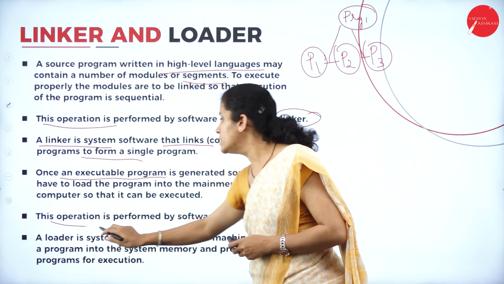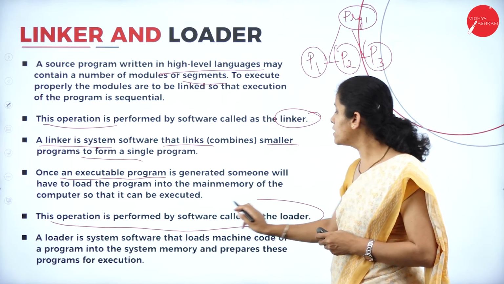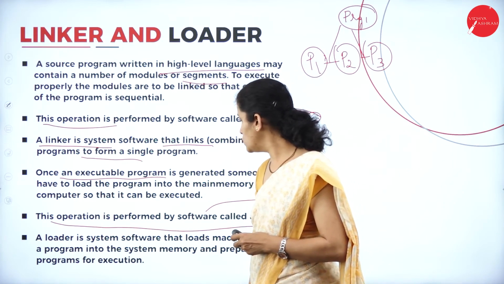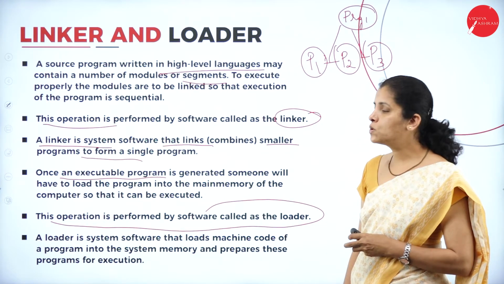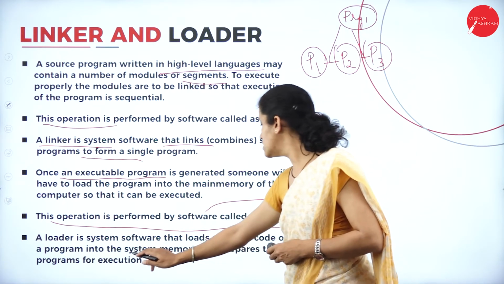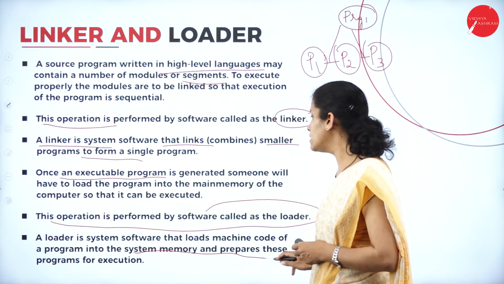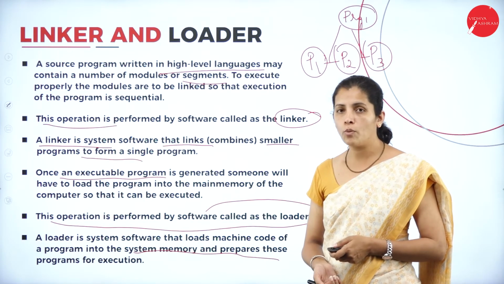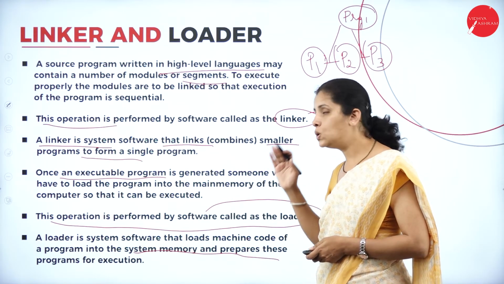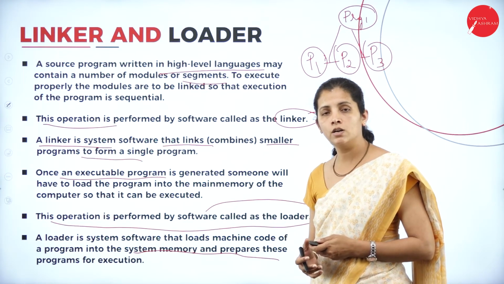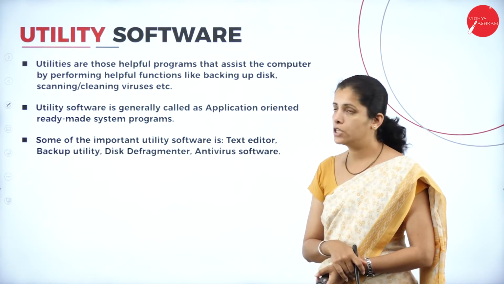This operation is performed by the software called the loader. The job of the loader is to load the machine code of a program into the system memory and prepare the program for execution, that is, to load the machine code into the computer memory in order to perform its execution.